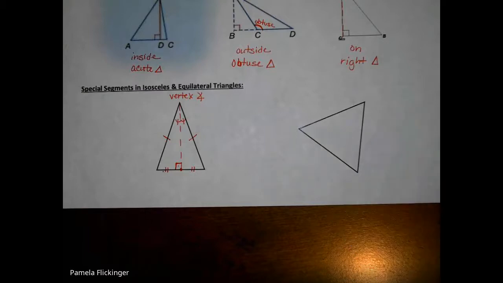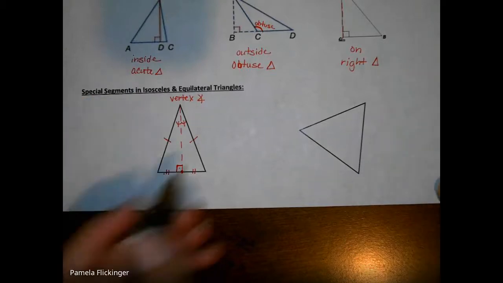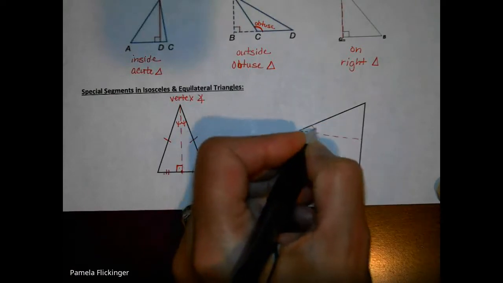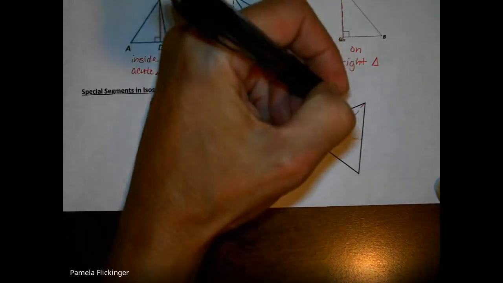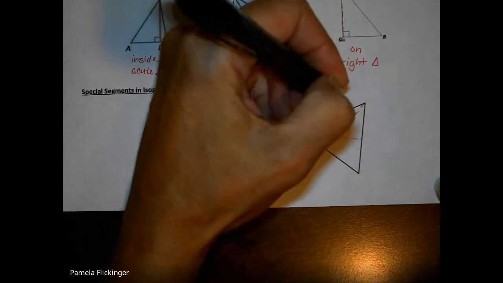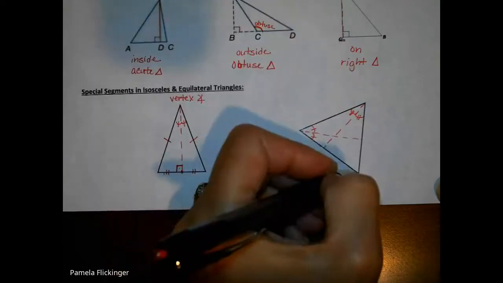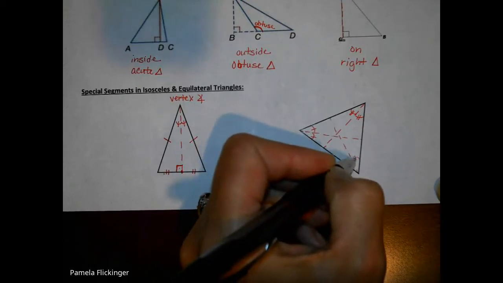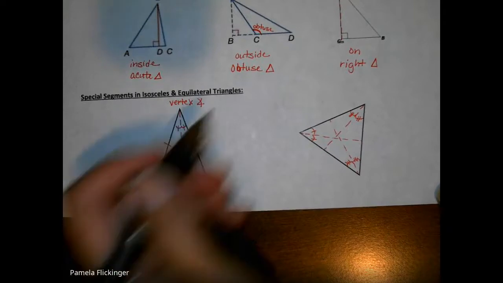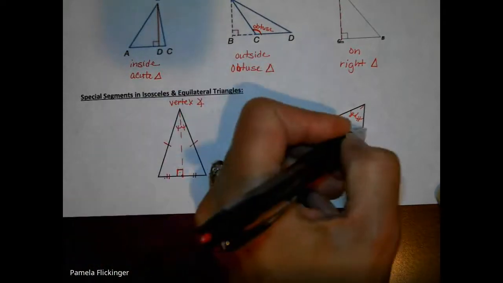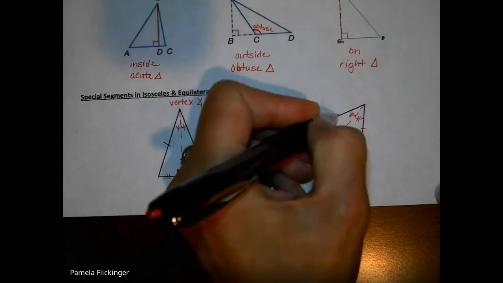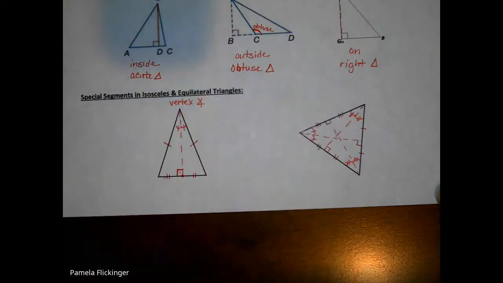And then, of course, since an equilateral triangle is a special kind of isosceles, I wanted to draw in my angle bisectors all the way around. Now, this is a sketch, but if it was as accurate as I could be, no matter which corner I came from, those would all be the same.